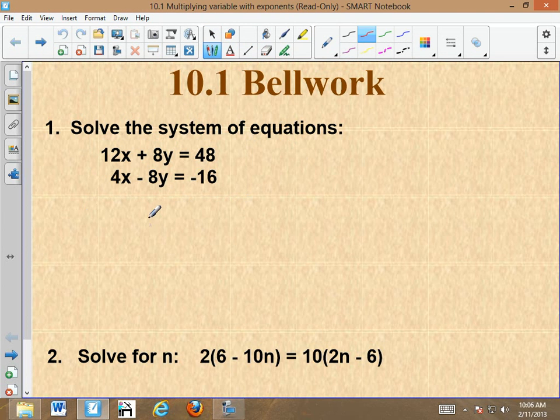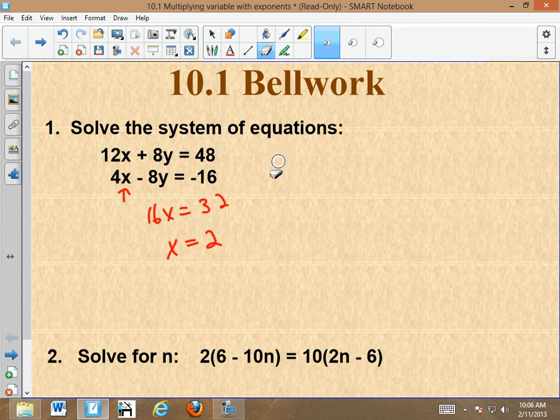Eight minus 8 cancels out, so I get 16x equals 32, x equals 2. So now I'm going to replace x with 2. I could do it with either equation. Do I have to write 4 times 2 is 8? I would hope not.